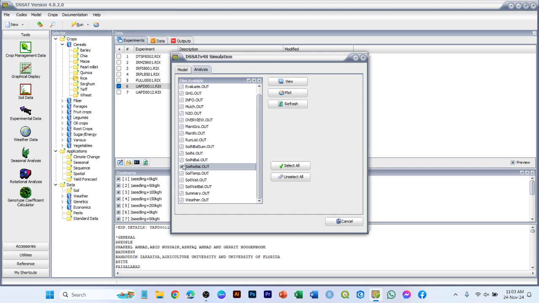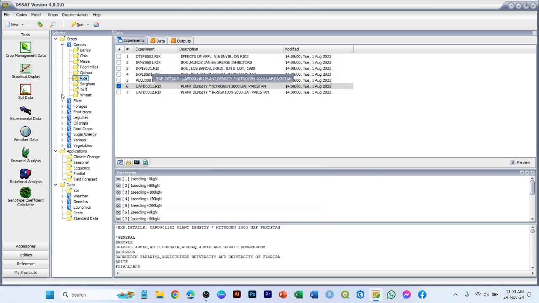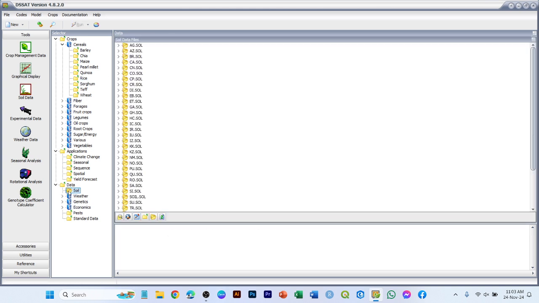So there are different types of soil experiments over here. These are soil files, different types of soil files. You can go over there and select different types of soil. So might be we have to again go to the rice.